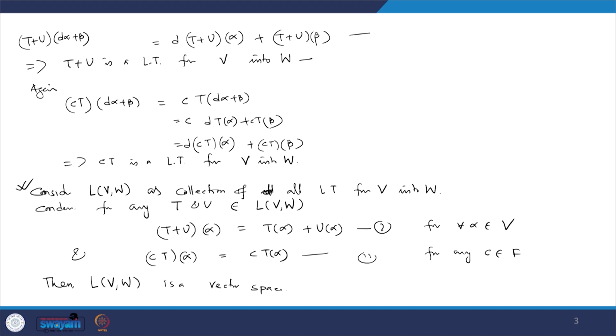Now, to prove it is a vector space, I have to prove all the axioms of the vector space. I mean to say, I have to show that L(V, W) is an abelian group with respect to addition, which is defined like 1, and it satisfies 5 more axioms with respect to scalar multiplication defined as 2. Okay.